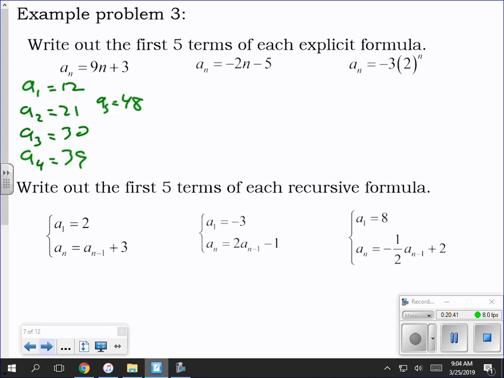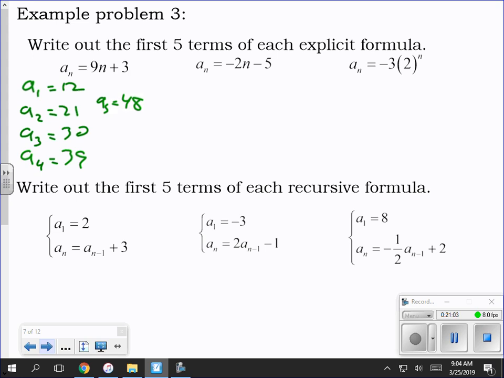First 5 terms. Plug in 1, plug in 2, plug in 3, plug in 4, plug in 5. I want the 20th term, what do I do? I plug in 20. I want the 300th term, what do I do? I plug in 300. You just plug in whatever term number you're looking for, and that's what you get in an explicit formula.